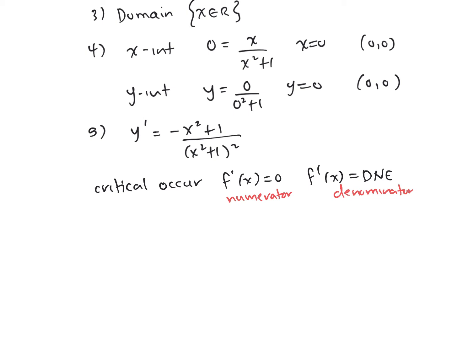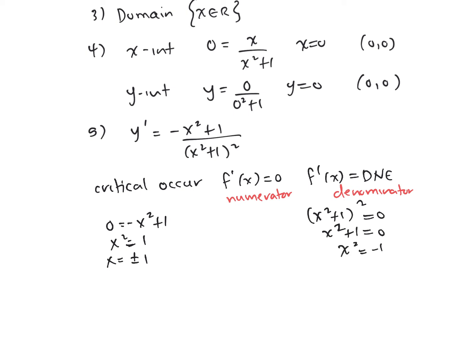If I take the numerator and set it equal to 0, we get x equals plus or minus 1. If I take the denominator and set it equal to 0, I do not get an answer.